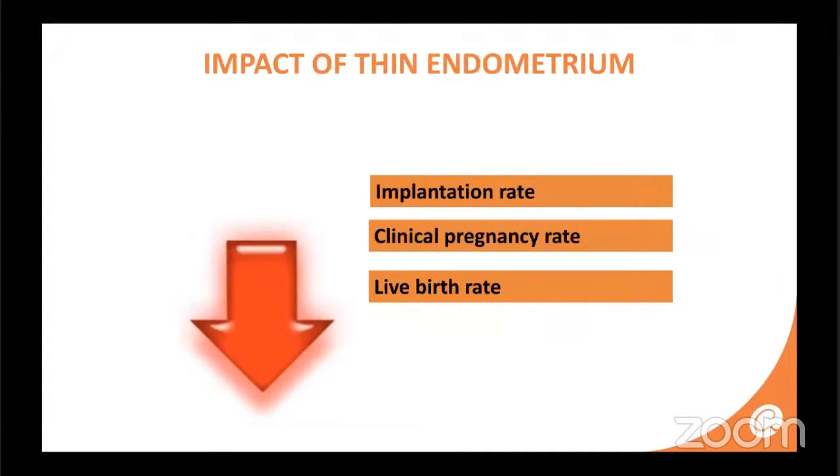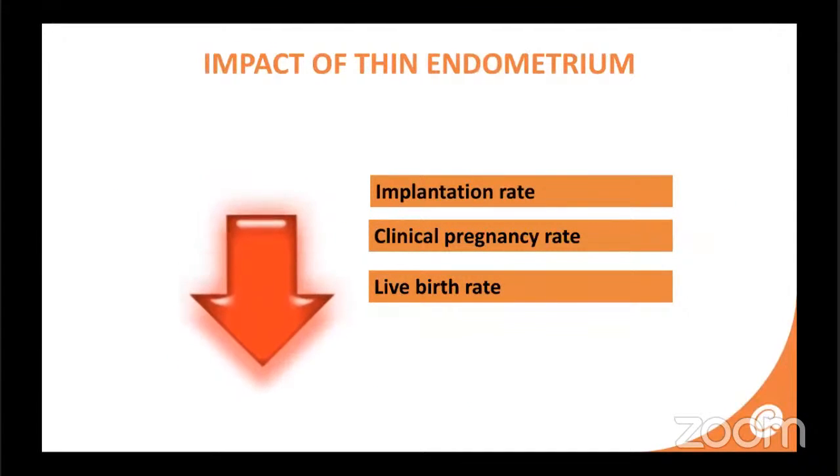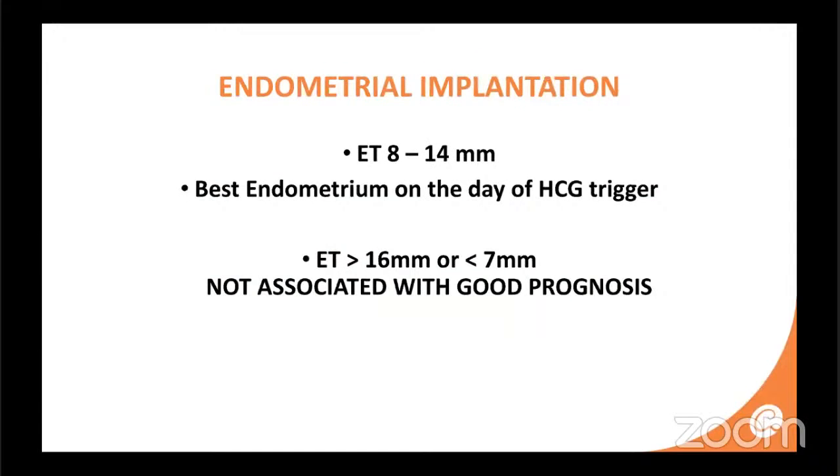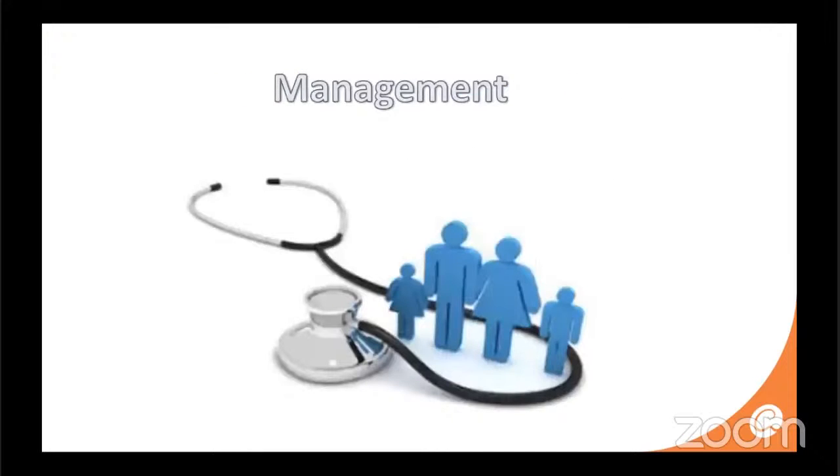The impact of thin endometrium, in turn, is a reduction in the implantation rate, clinical pregnancy rate, and obviously the live birth rate. The endometrial thickness is considered best when it is between 8 to 14 millimeters. If it is less than 7 millimeters, that is too thin, or more than 16 millimeters, that is too thick, then it is not considered conducive or ideal for embryo transfer or implantation.